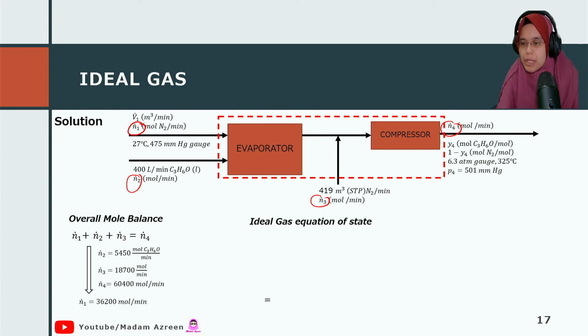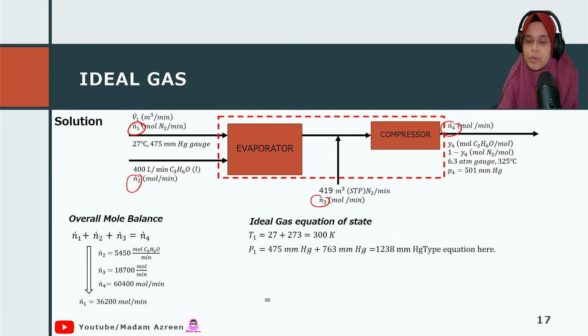So what is the equation actually? We want to find the volume, right? So to use the ideal gas equation of state, the first thing, make sure you convert the unit of temperature. You convert the unit of pressure.